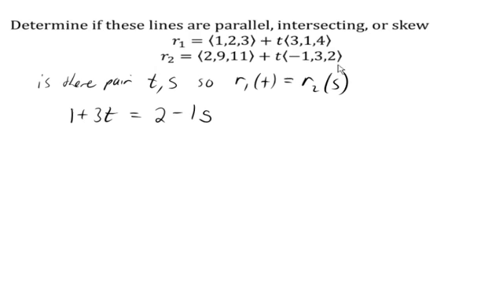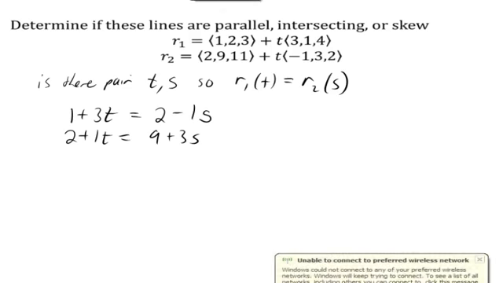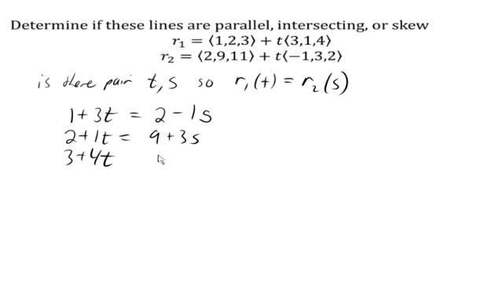So we're wondering, is there a pair t and s that'll make this true, as well as the similar equations for y and z? So 3 plus 4t and 11 plus 2s.